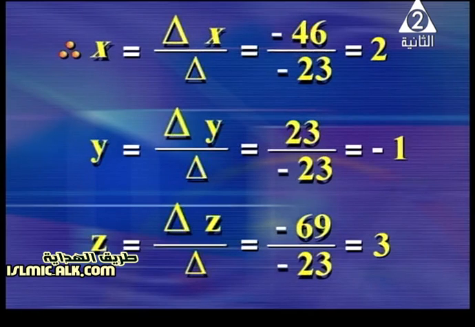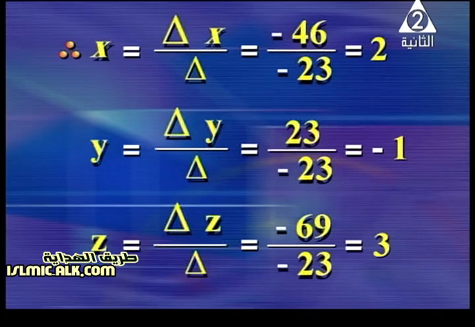This method is very important for using determinants to solve three equations with three unknown values x, y, and z. If we have two unknown variables x and y, we need two equations.